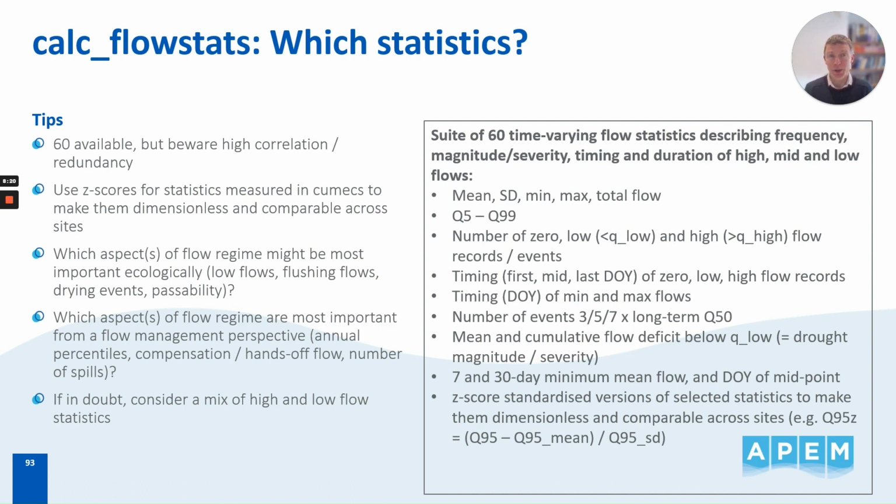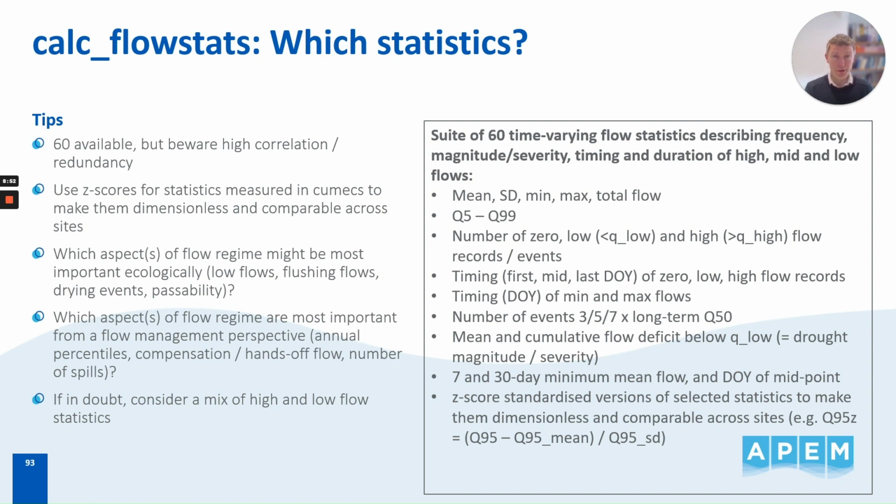Conversely, statistics which are based upon absolute magnitudes of flows, and so are measured in units of cumecs, will not be directly comparable across watercourses of different sizes. In that situation, the calc flow stats function provides standardized z-score versions of those statistics, which are dimensionless and therefore comparable across sites. The details of how that's done are covered in workshop 1.